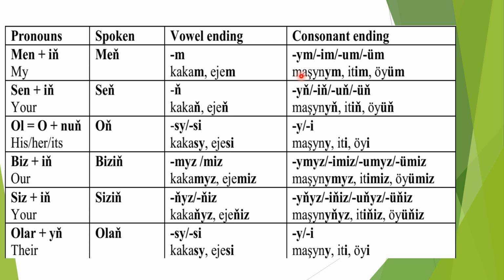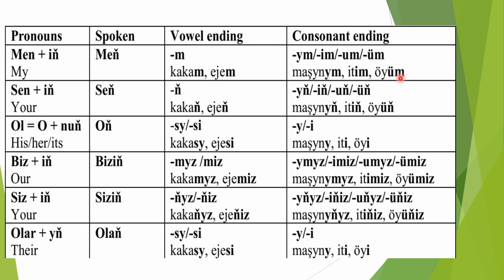So let's try. Meniň, maşyn. Maşyn is a car. Meniň maşynym. It, a dog. Meniň itim. And here, öý is one syllable, and the first syllable is round, so that's why we can also add a round vowel.